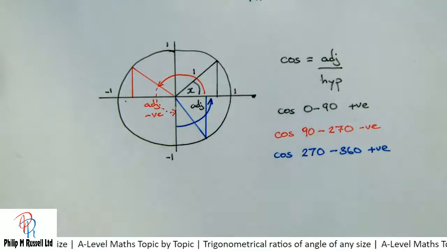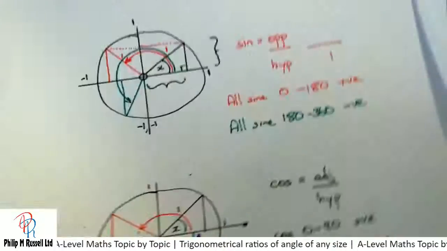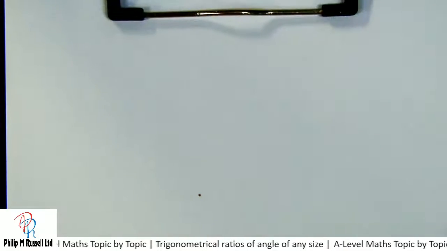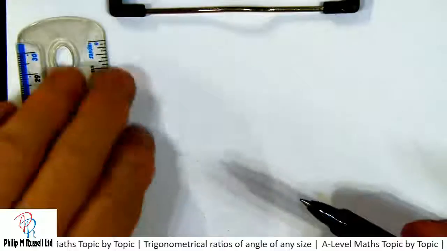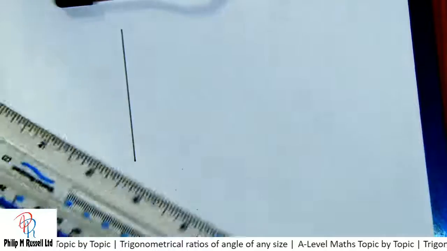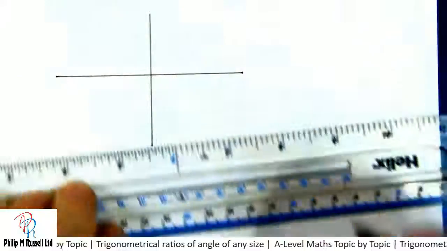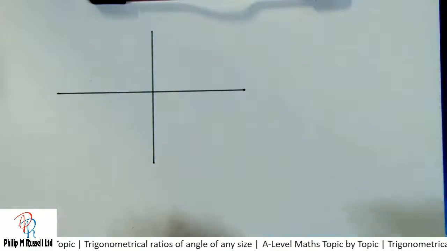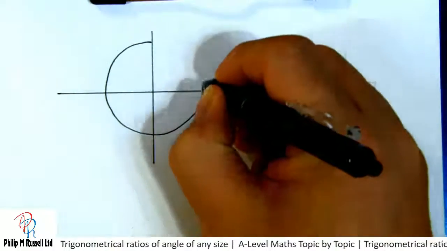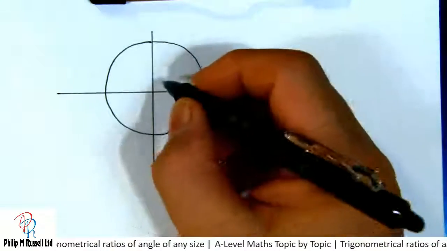We can do exactly the same thing with tan. And for convenience, I will quickly do that of tan. This is really just so I can draw that awful circle again. And try as I may, they don't get any better.